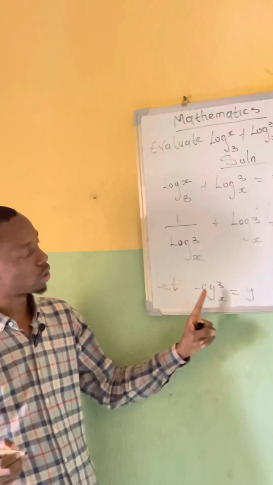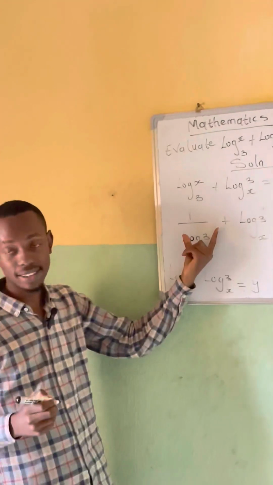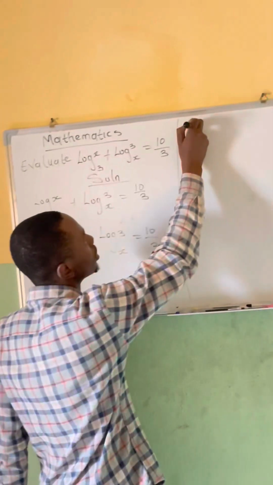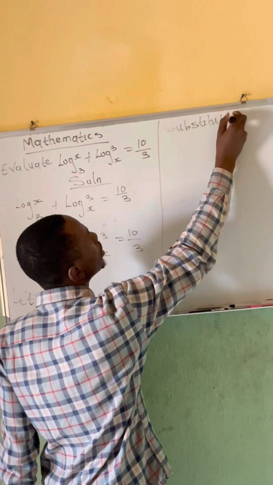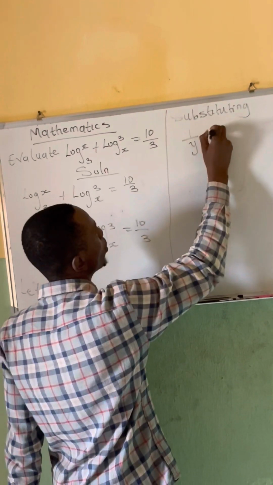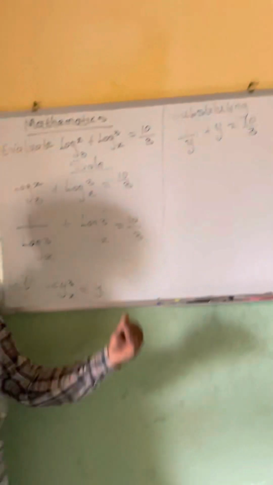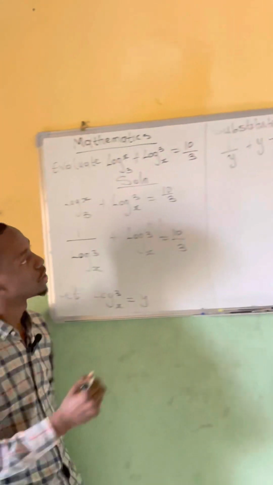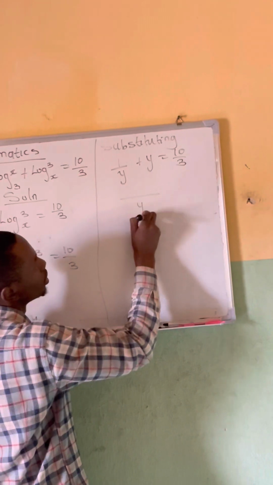So I say let log 3 base x equals y, which I can now replace inside the question and then solve. So substituting, I have 1 over y plus y equals 10 over 3. Now, this looks more simple, right? Yes, we can fully evaluate this. So what's the LCM here? The LCM is y.